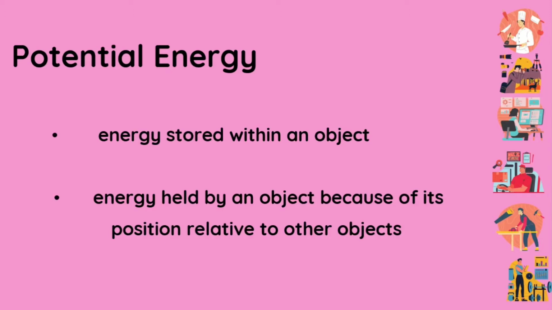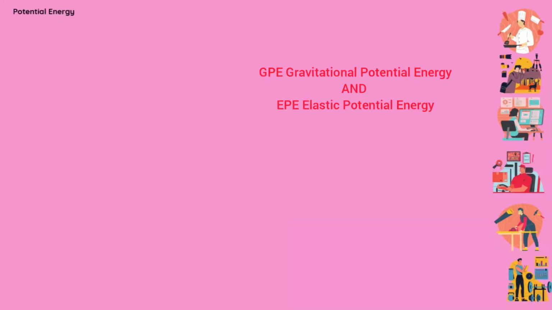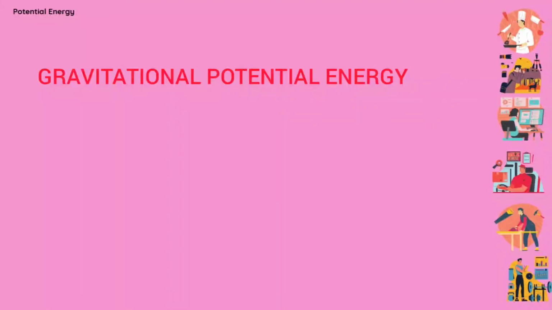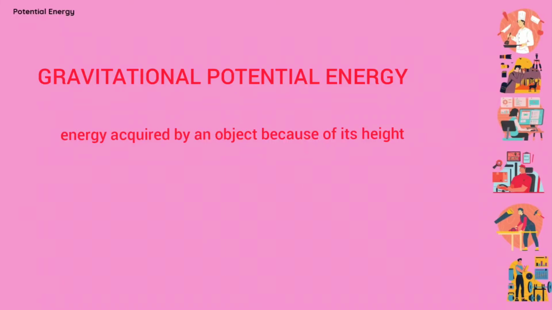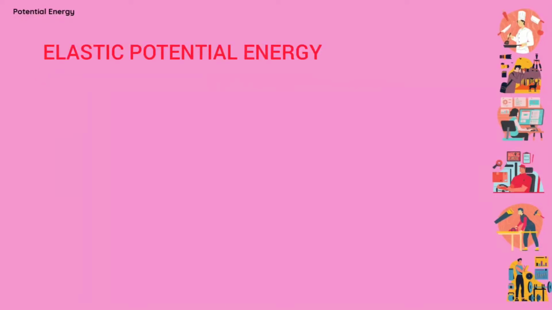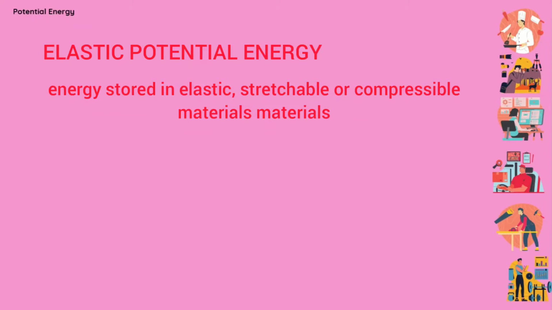Potential energy has two types. You have the gravitational potential energy and the elastic potential energy. Gravitational potential energy is defined as the energy acquired by an object by virtue of its height above the earth, while elastic potential energy is the energy stored in elastic, stretchable, or compressible materials like rubber bands, springs, an arrow drawn into a bow, foams, and many more.